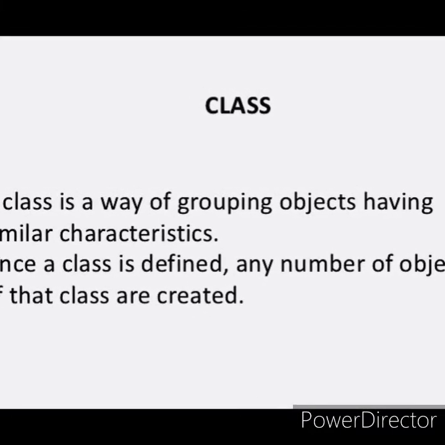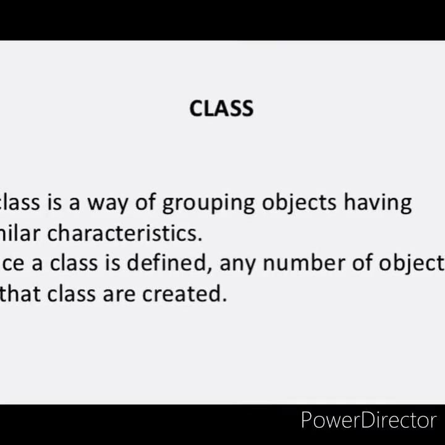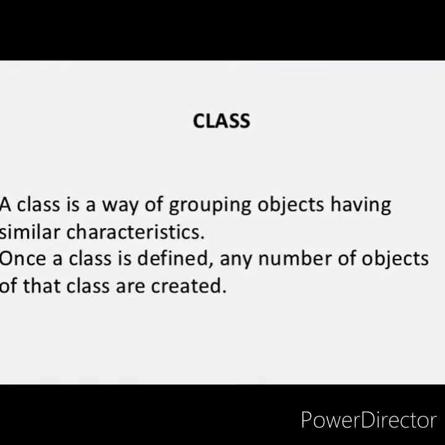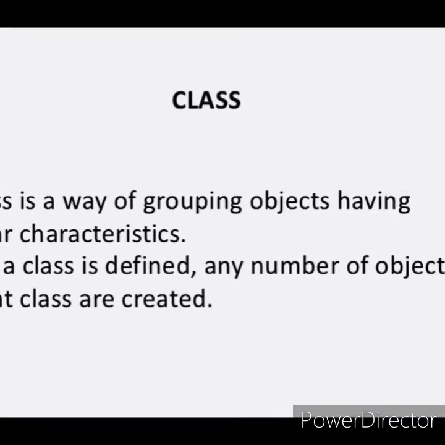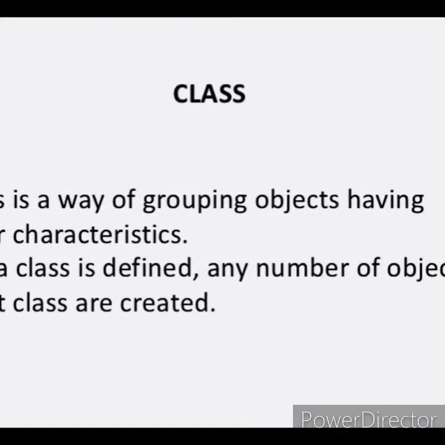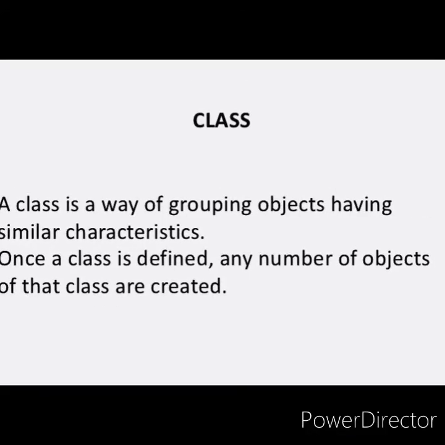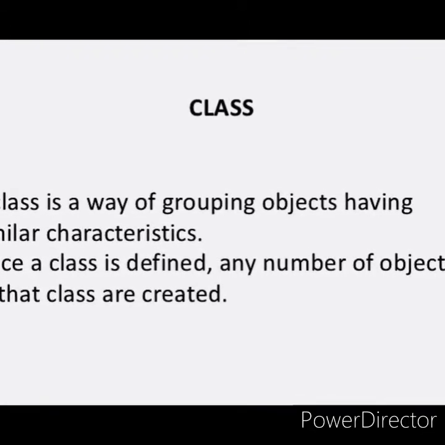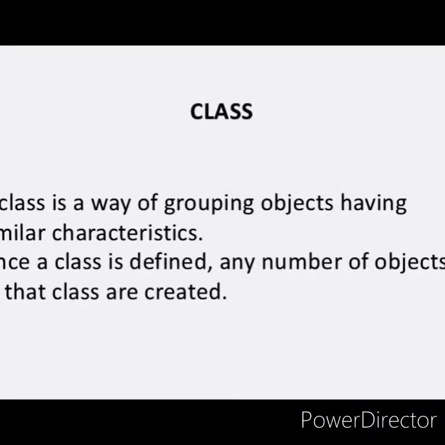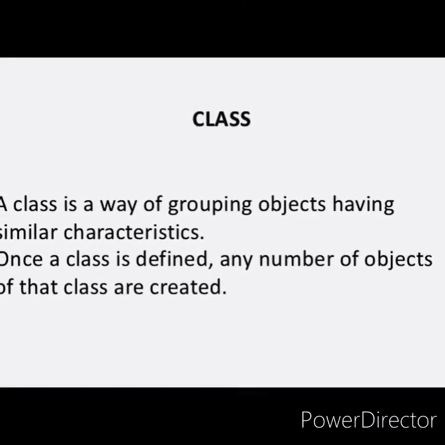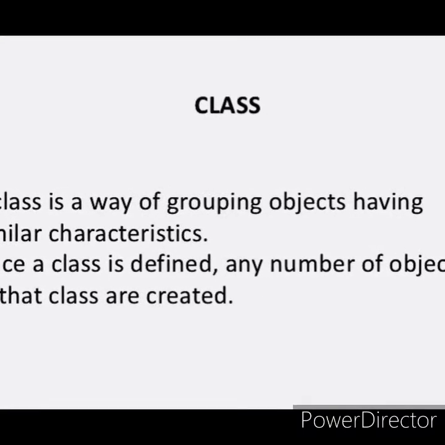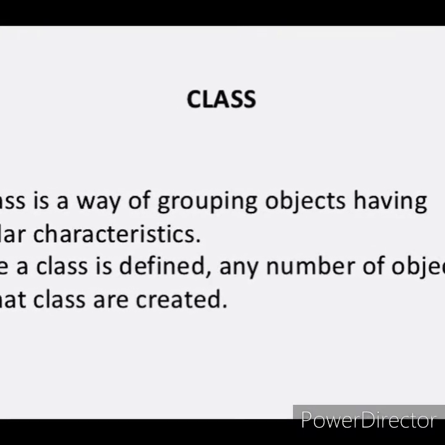It can be a Motorola, a Redmi, a Vivo, an Oppo, a Nokia, or an Apple. All these will be considered as a mobile, because all these mobiles have some similar characteristics or properties.